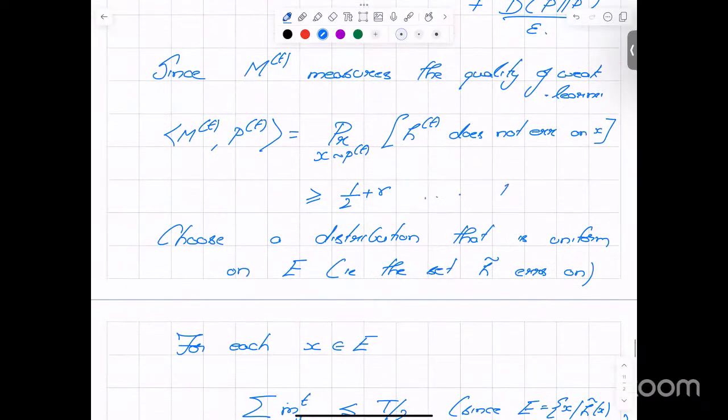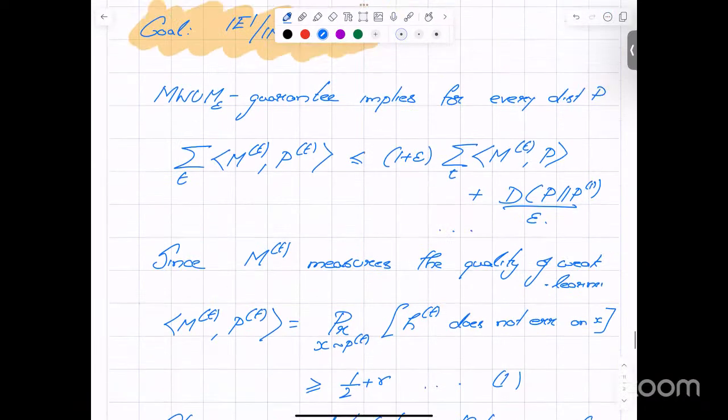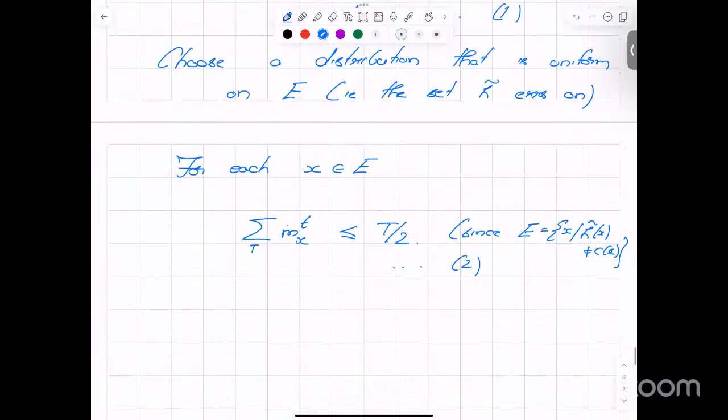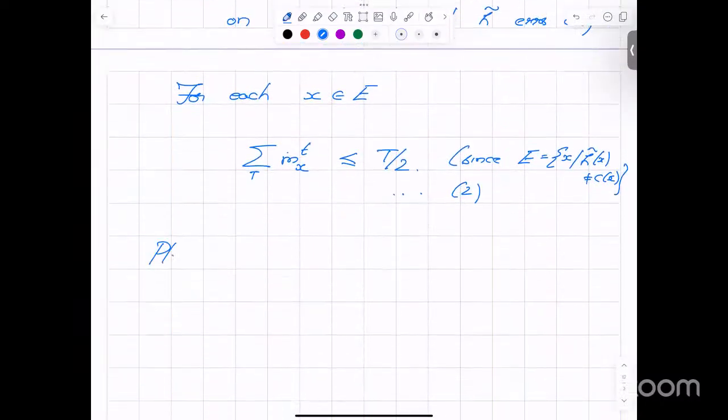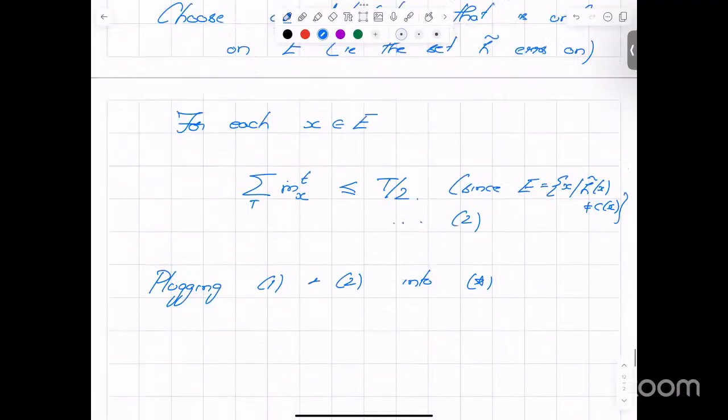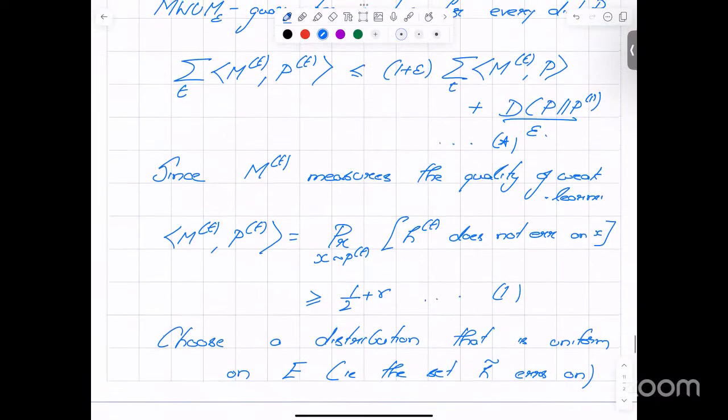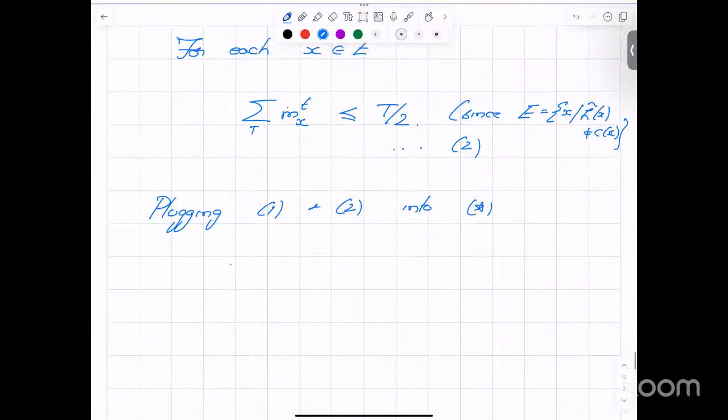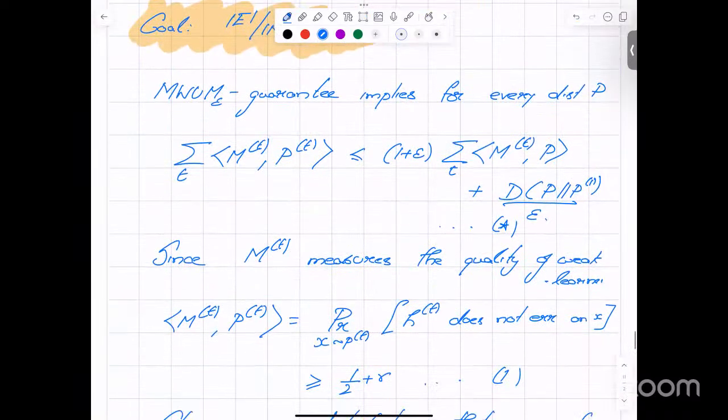Plugging 1 and 2 into star. On time, but we'll be done in 2 minutes. What do we have? So this one, M_T P_T is always greater than half plus gamma. If I plug this over here, I get half plus gamma times T is less than or equal to 1 plus epsilon.